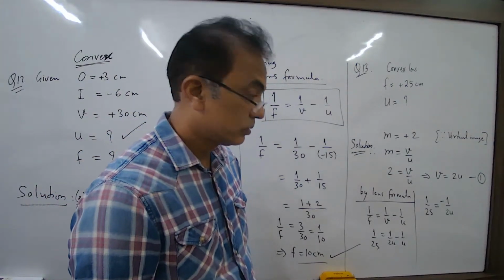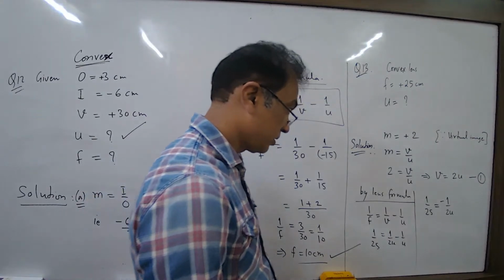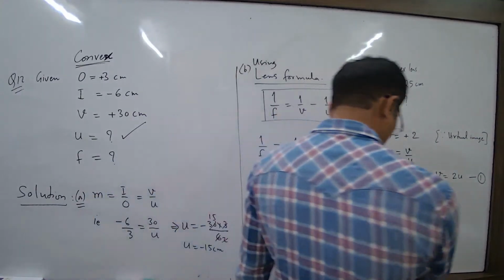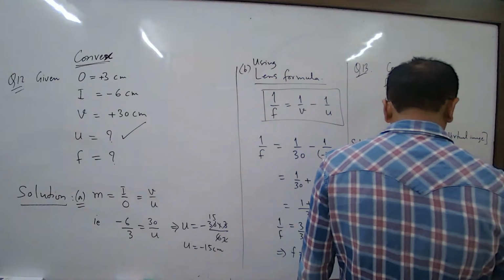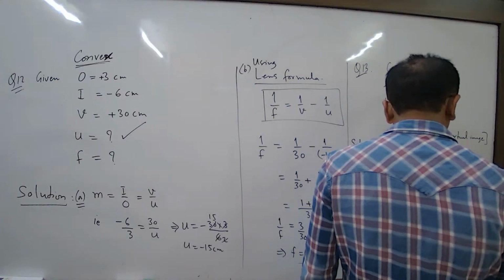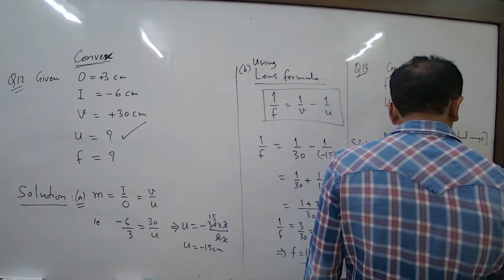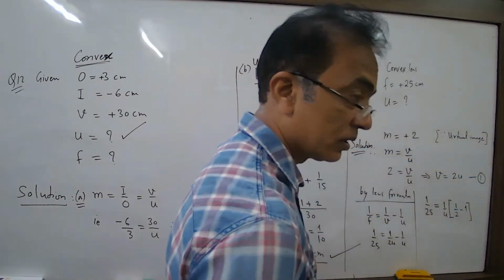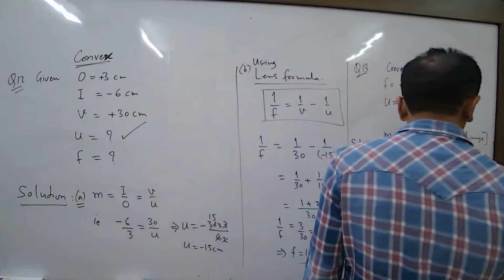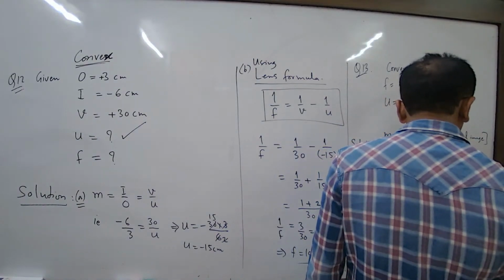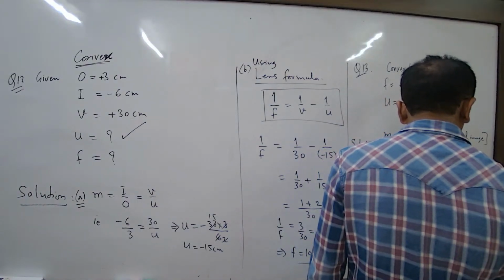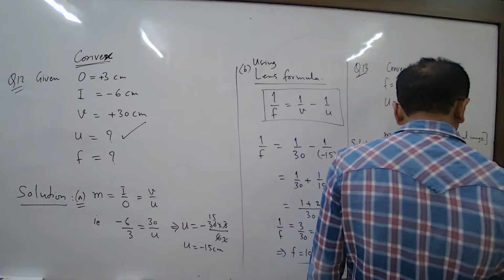Correct now? So half minus 1 is what? People looking blank. Half minus 1 is minus half, right? So this is equal to minus half, so minus 1 by 2U.